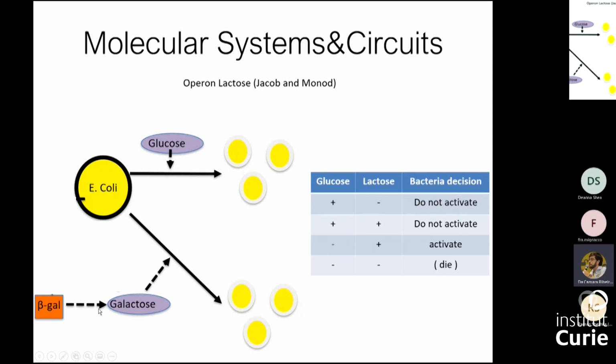That would be wasteful because in any case, glucose is present, right? So this pathway should be activated only if there is no glucose, but there is galactose. If there is no glucose and no galactose, other more complex things may happen, or the bacteria may die if there is no food at all. But we have these three cases, and then the control problem is relatively simple. You have this table, you need to fulfill it.